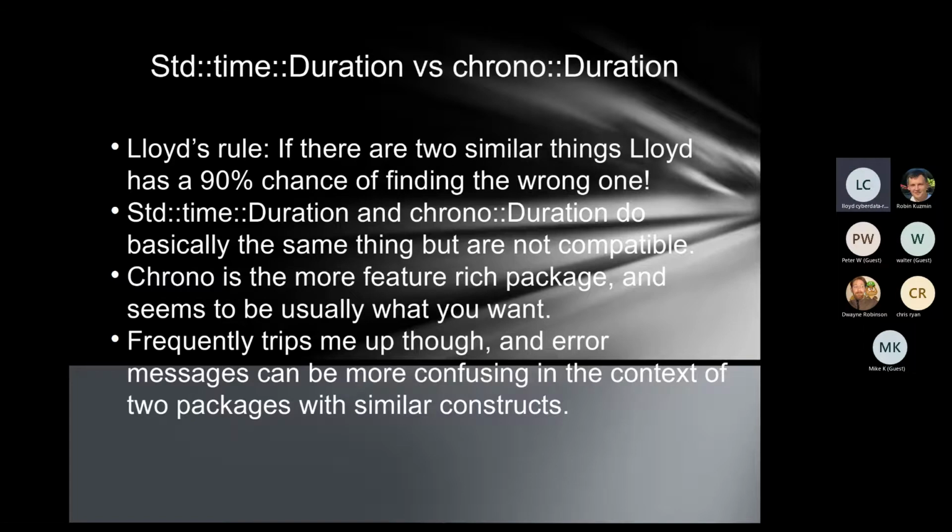So at the top, you'll see Lloyd's rule: if there are two similar things, Lloyd has a 90% chance of finding the wrong one. I get these mixed up all the time, and if you're just starting out, it drives you a little bit crazy. The chrono package is a bit more feature-rich, and it seems to be usually what you want. But that's just one of the little notes I found as I went through this.